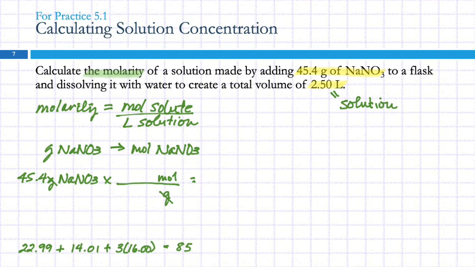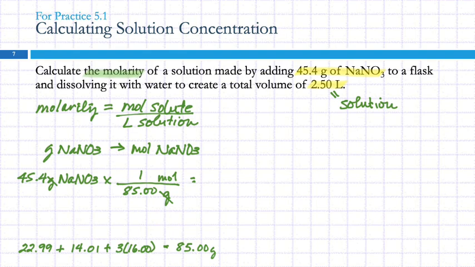The calculator doesn't understand sig figs. When we do molar masses and we've got 4 sig figs for all the atomic masses, then we should have 4 significant figures in our result, and so we need to outsmart our calculator. So 1 mole of sodium nitrate weighs 85.00 grams.